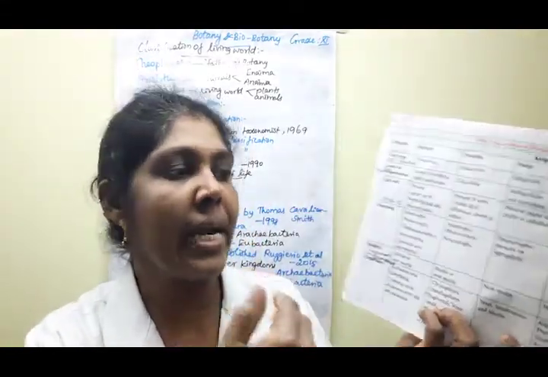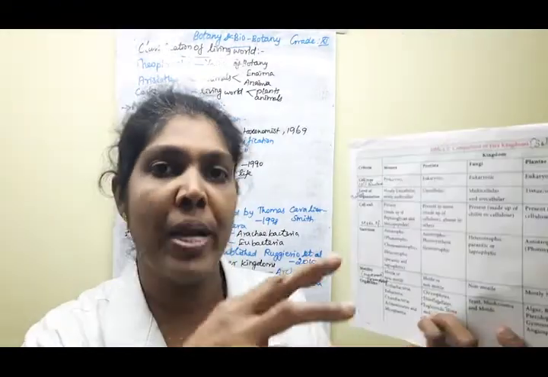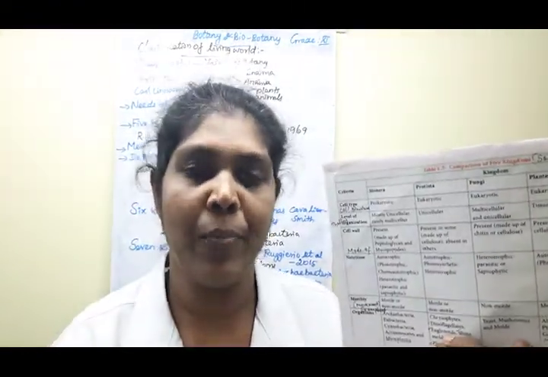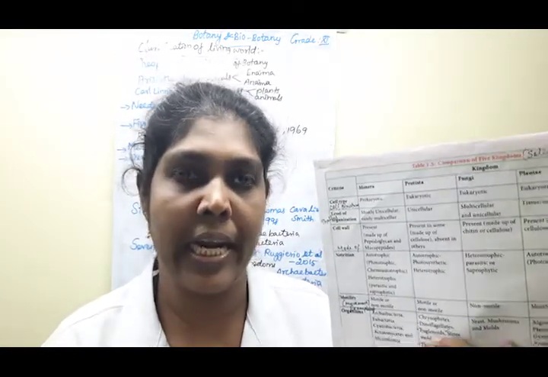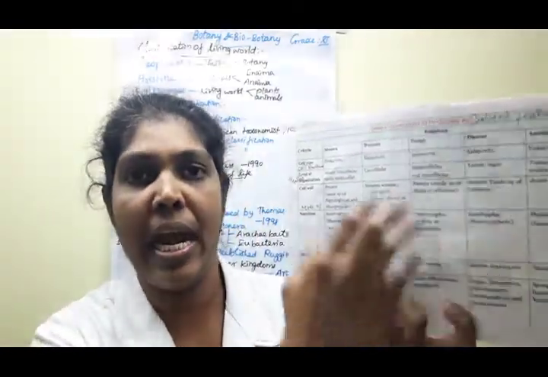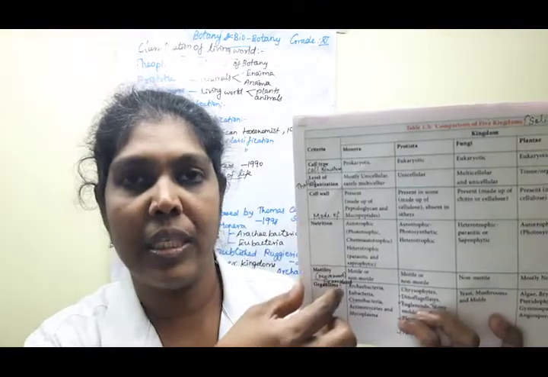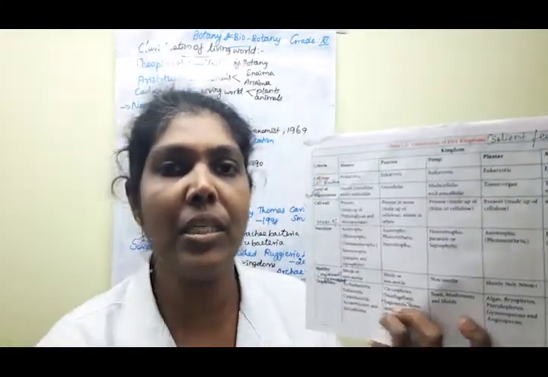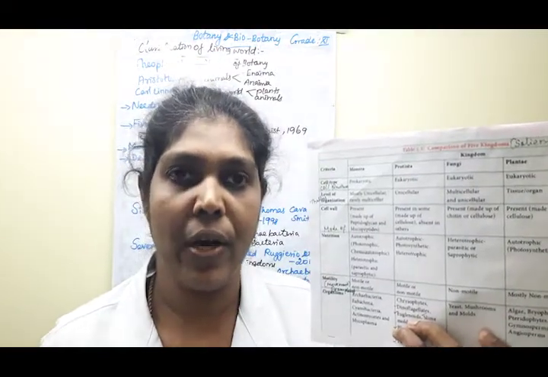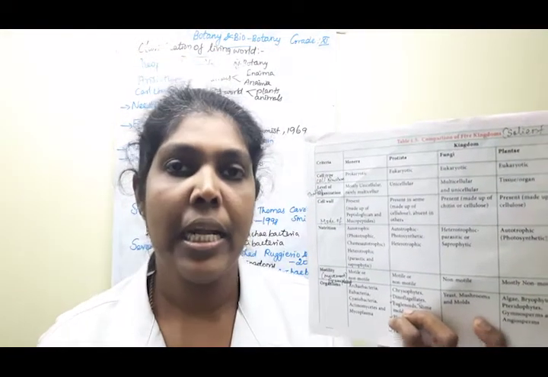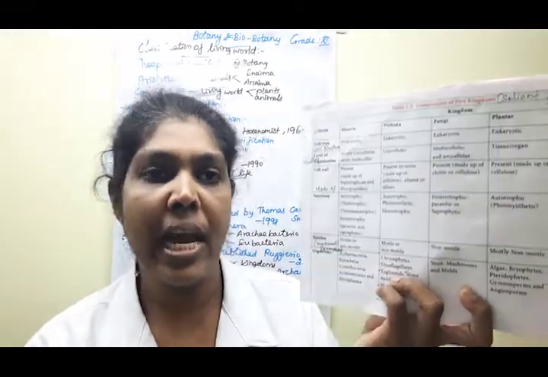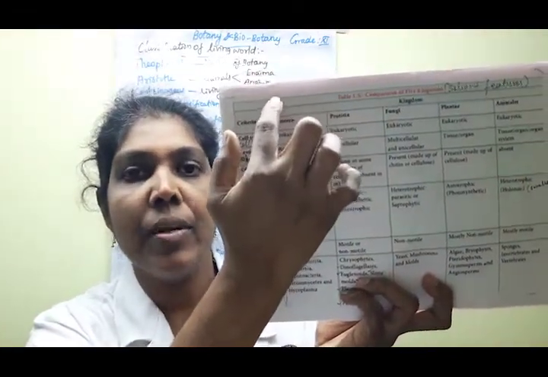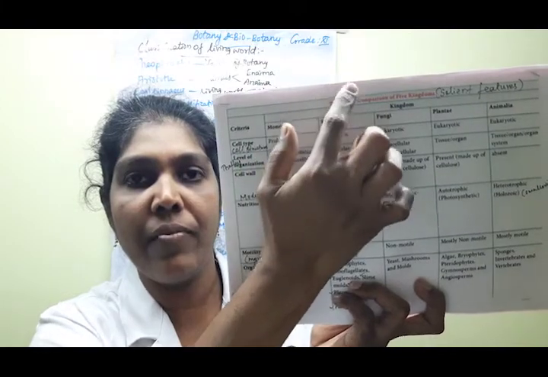Then finally they are giving movement. Movement means whether it is movable or immovable, motility or non-motility character. That also they mention as a criterion for the characteristic features, the comparison studies of this classification of living organisms. Understood, children? Then finally they are giving each kingdom. The kingdoms you know: first Monera, Protista, Fungi.